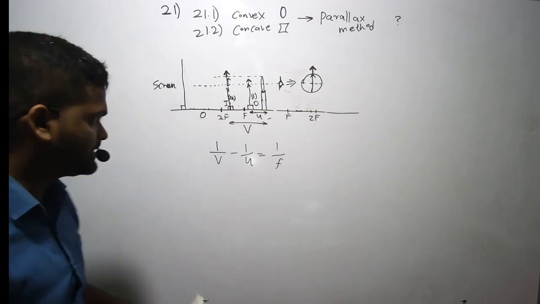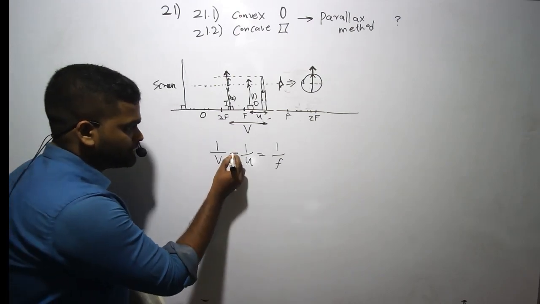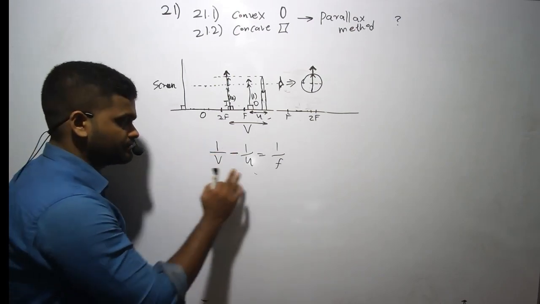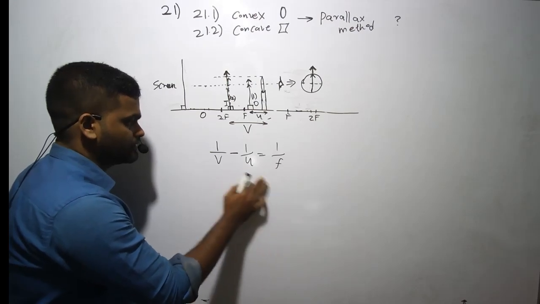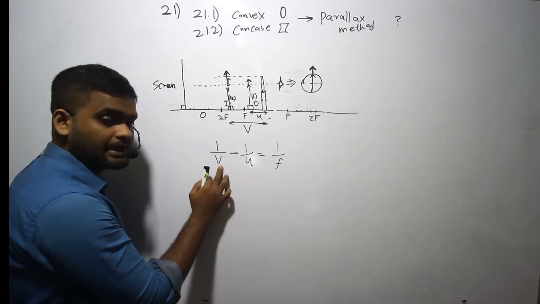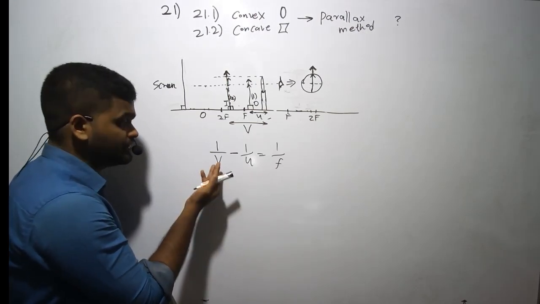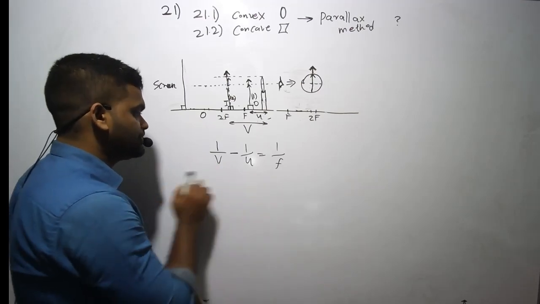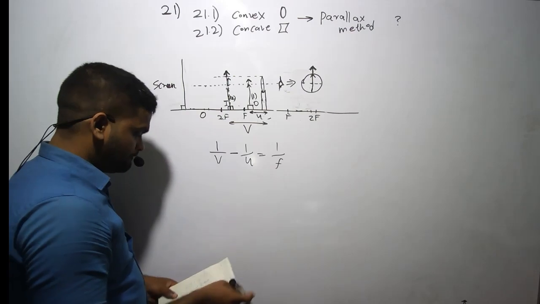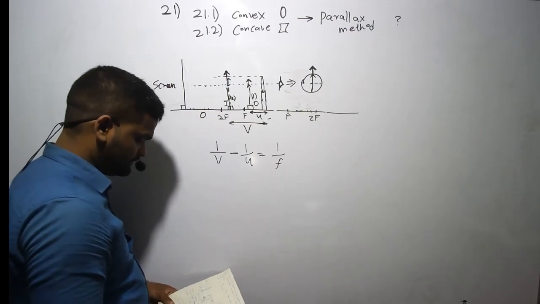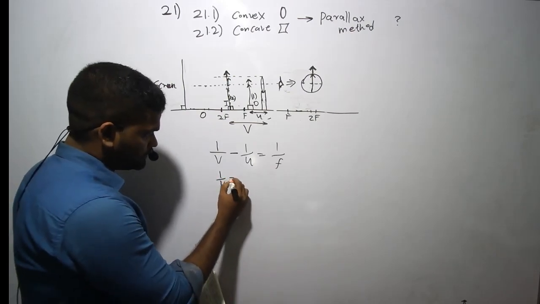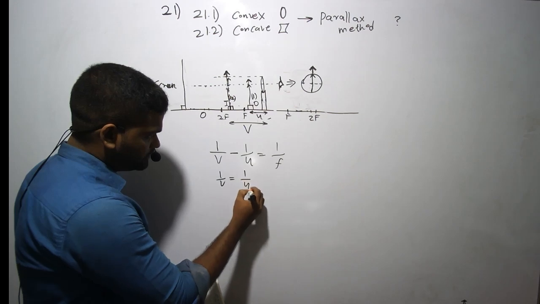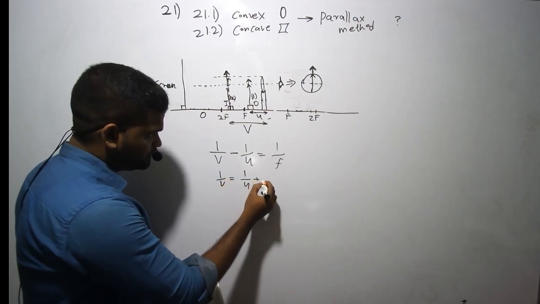You'll understand what I'm saying. The reason is because I have both negative and positive values for V, so which one should I put here? So I'm not going to use sign convention. So I can say 1 over V is equal to 1 over U plus 1 over F.